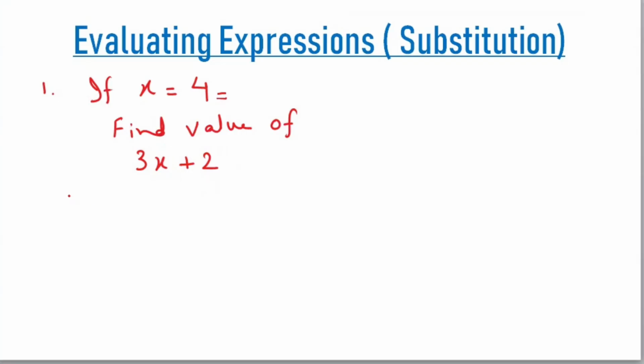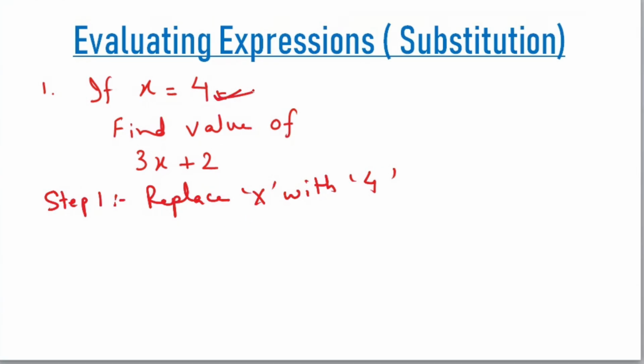We have to solve this expression if the value of the variable is given. So how will we solve that? Step number 1 is replace x with 4. Why are we replacing x with 4? Because it says if x is 4. That's why we are replacing x with 4.